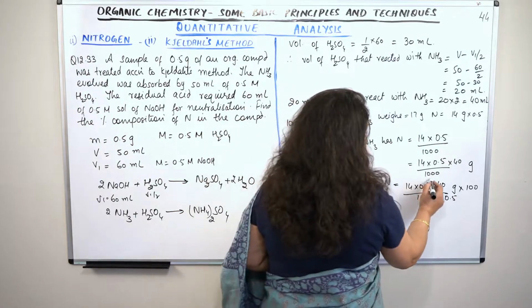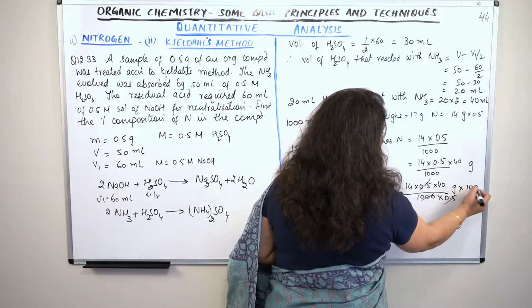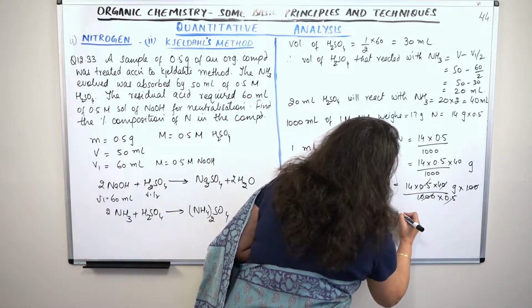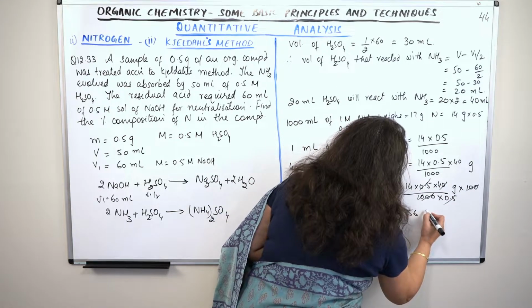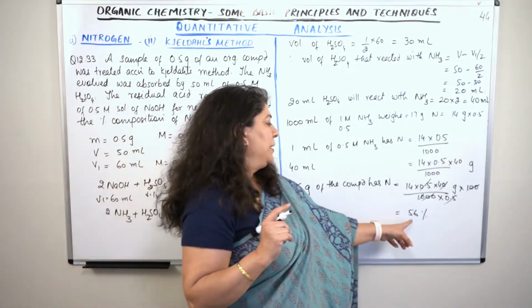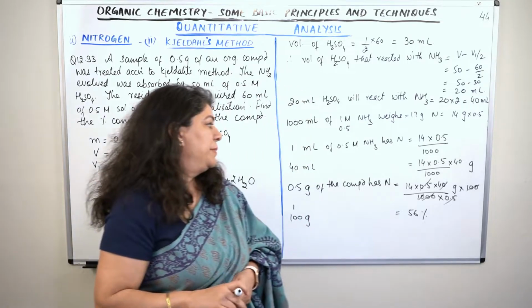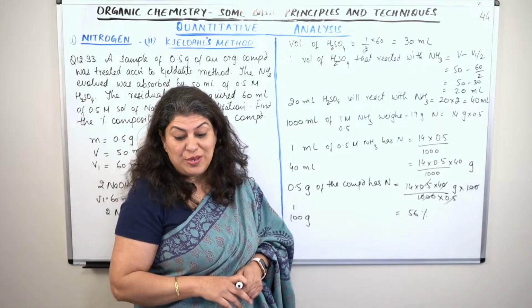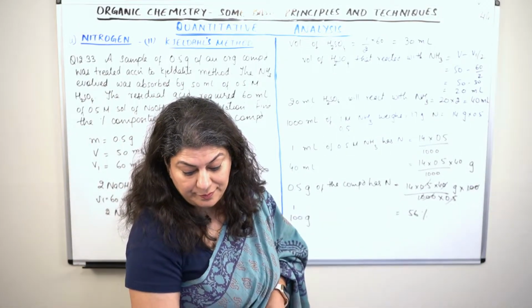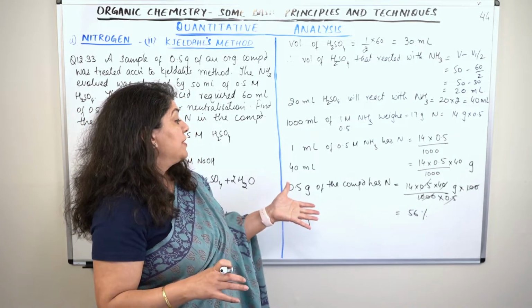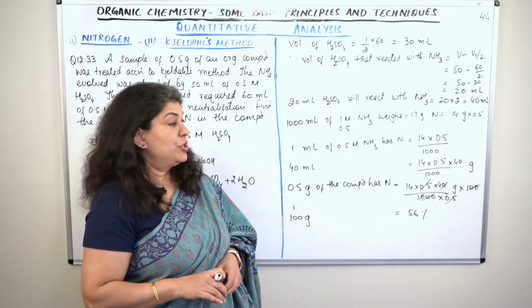Right, so the 0.5 will go here, 100 will go here, and 14 into 4 would be equal to 56%. Out of 100 grams, you'll get 56%. So this was the mass percentage of nitrogen.